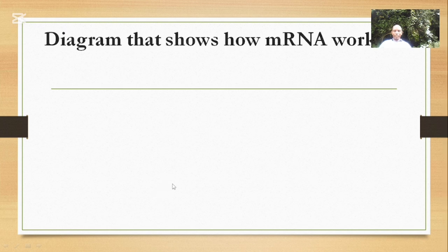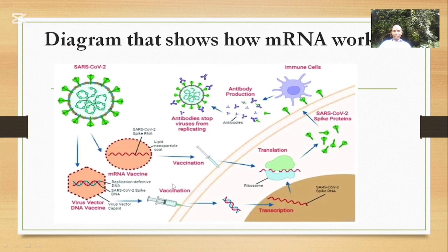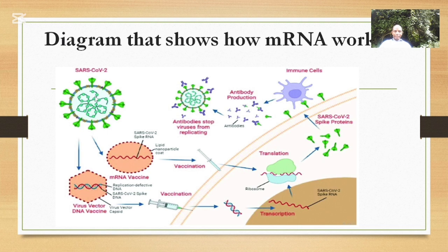Now, we can see the diagram that can explain this. So here it is the pathogen. The scientists take the DNA of this pathogen and they inject it in the vector so that DNA can be amplified, and they study the composition of this protein, and they synthesize the messenger RNA which looks like this protein.